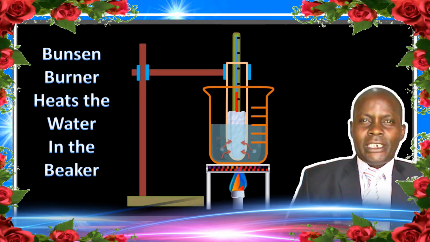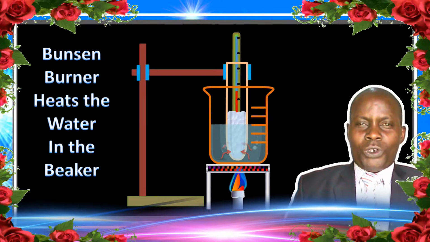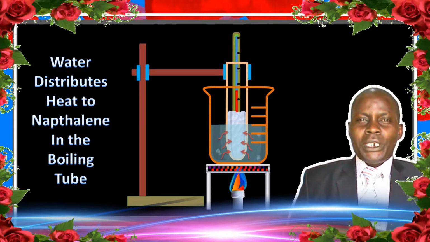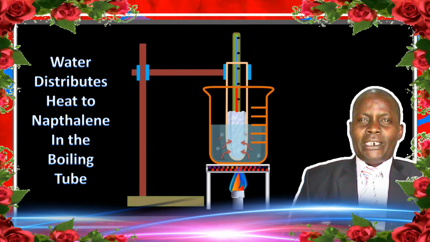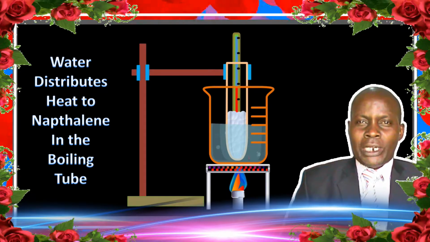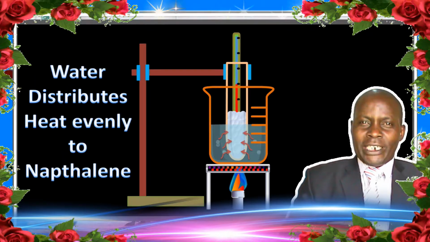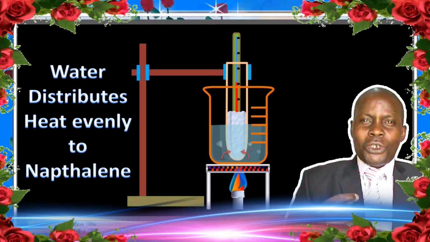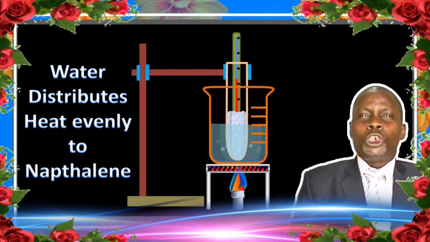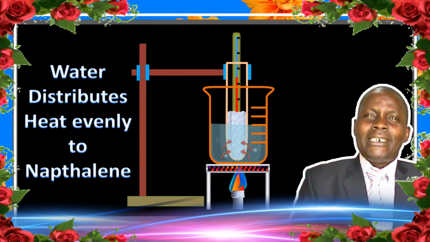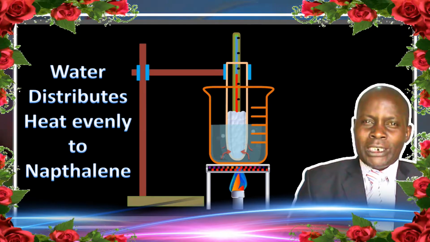The heat is going to raise the temperature of the water in the beaker, and when the water temperature rises, it will distribute heat to the naphthalene in the boiling tube, and it will be provided evenly. We are using water, not heating the naphthalene in the boiling tube directly, because we want the water to distribute the heat evenly to all the naphthalene.